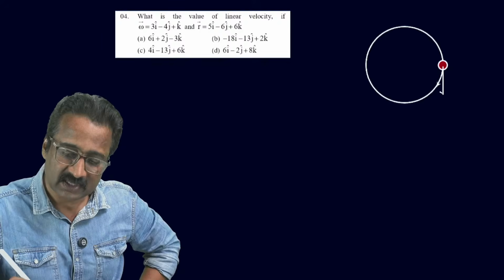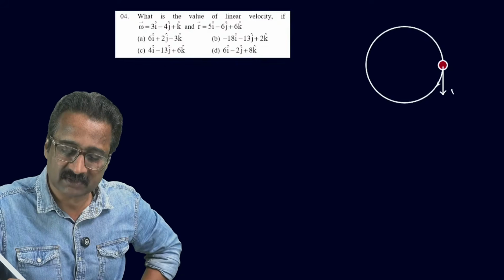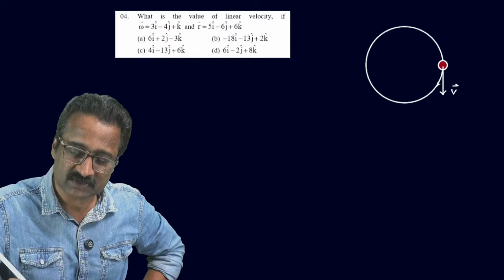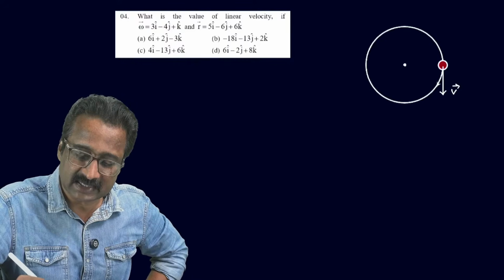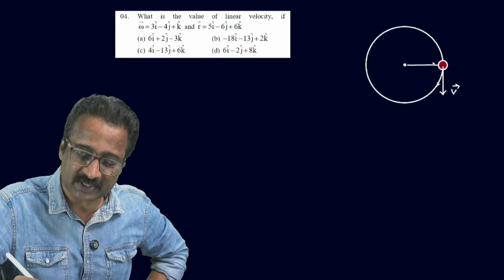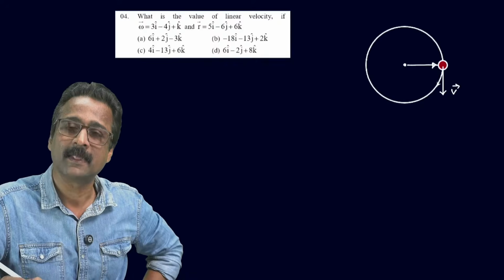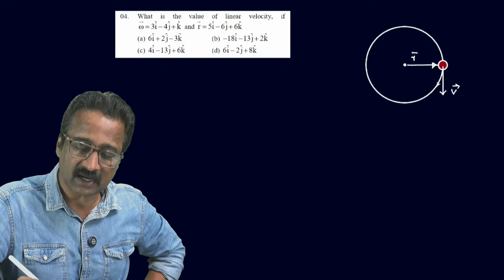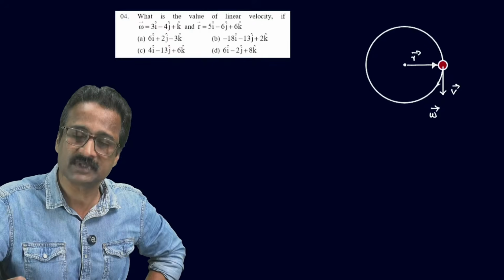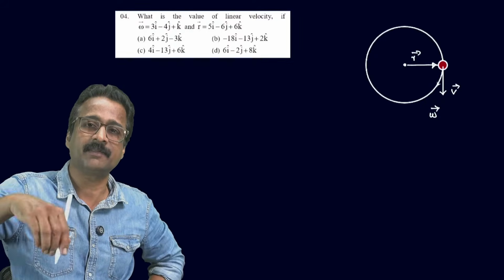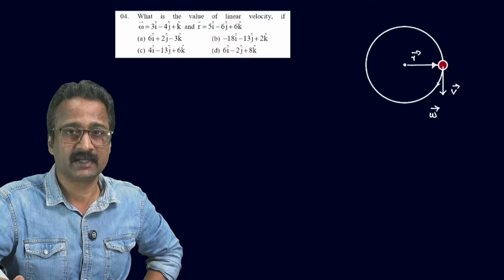Maybe it is moving in a circle, but at the moment the velocity of the particle is shown as vector v here. And the particle is described in terms of a position vector drawn from the center. Let me say that is a position vector r. Now there is a third vector which is the angular velocity, which is omega. Okay, it's a revolving particle. The omega is a vector anyway.